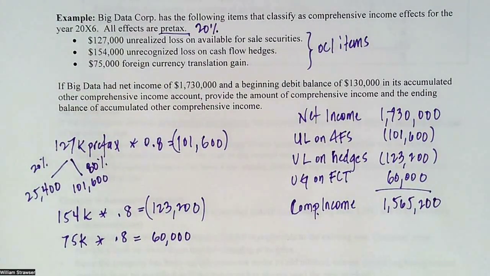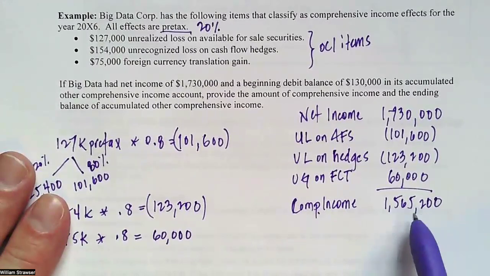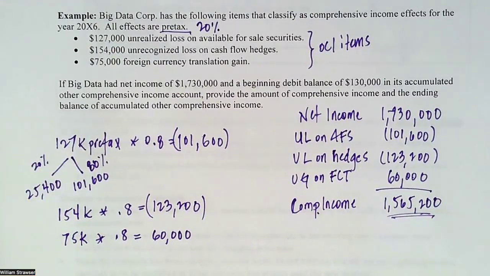Do the math on that one more time just to be sure I'm not giving you an error. So this would be our comprehensive income. This is one of the items it's asking for. The other item it was asking for is, well, what is the balance of my accumulated other comprehensive income account?